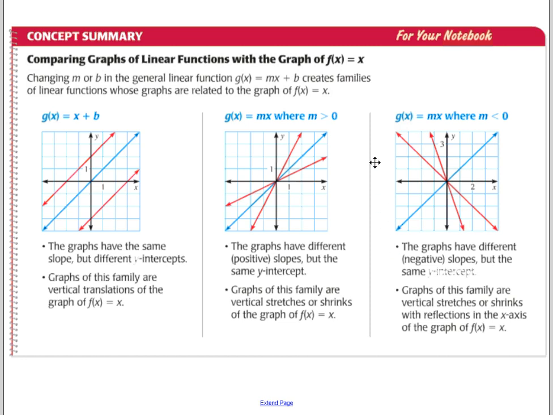I can have situations like this where they call them vertical stretches or shrinks because they have the same intercept, however, they're either steeper or not as steep as the parent function. And then we can even have situations where they have the same intercept, but they have negative slopes. So you see how these two red lines have negative slopes.